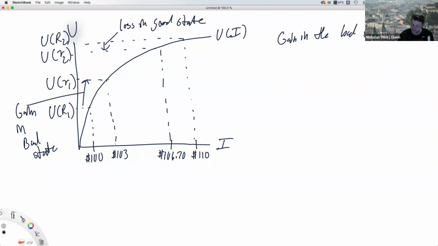Gain in the bad state when there's liquidity shock, when something goes wrong, is greater than the loss in the good state. Yeah, it'd have been nice if they would have gotten this $110, but they're worried more about losing this $3 here if they need to pull their money out earlier. Right? They care more about this money here at the lower levels.